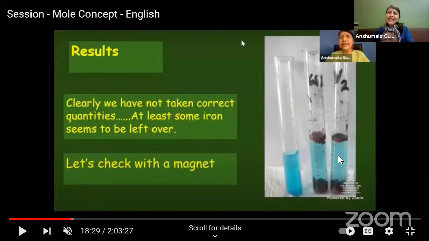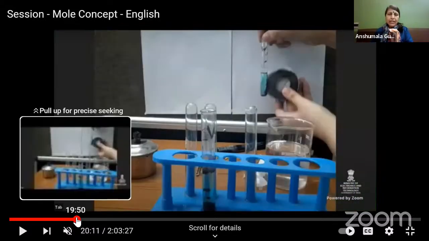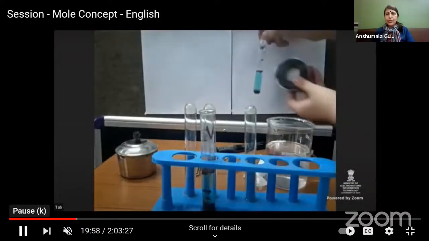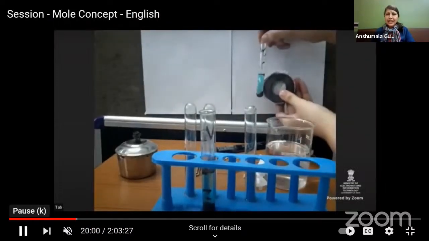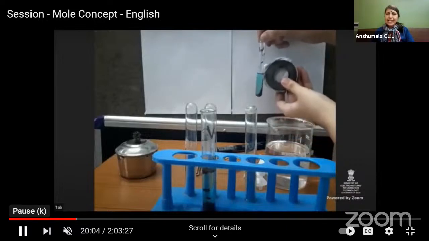And the third thing is any remaining iron powder can be tested with the help of a magnet, which my colleague is doing here. She is using a magnet to see how much iron powder is left.